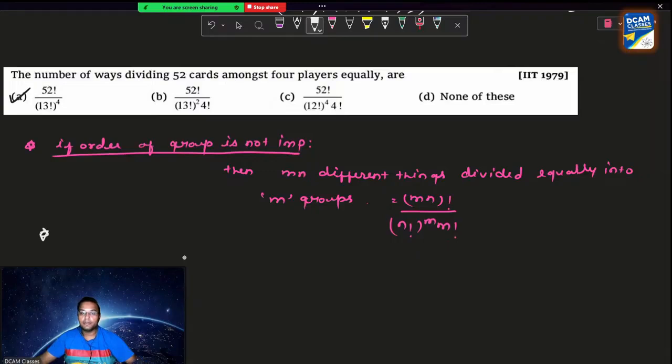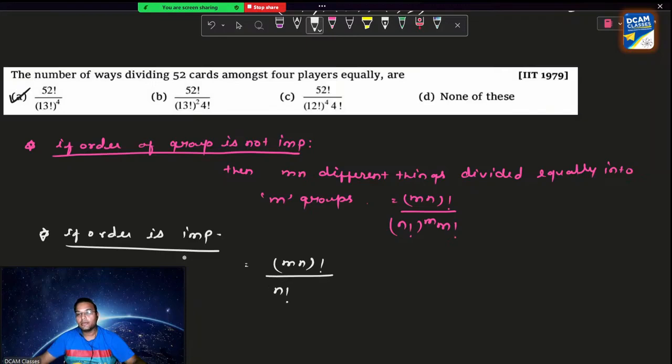And if the order is important, it will be mn factorial divided by n factorial whole power m. These two formulas are there.